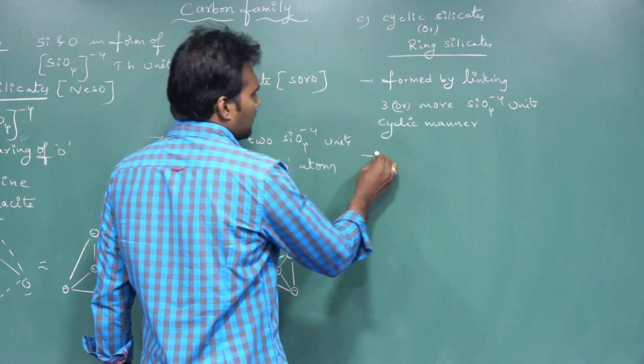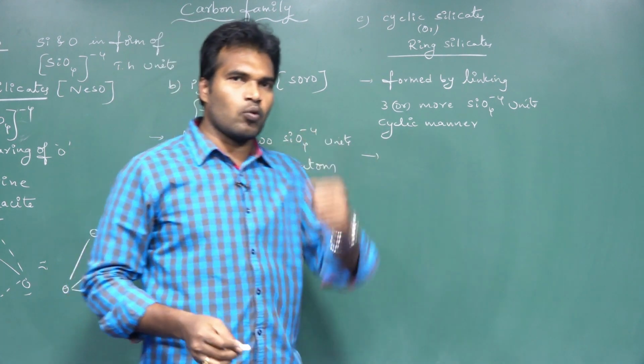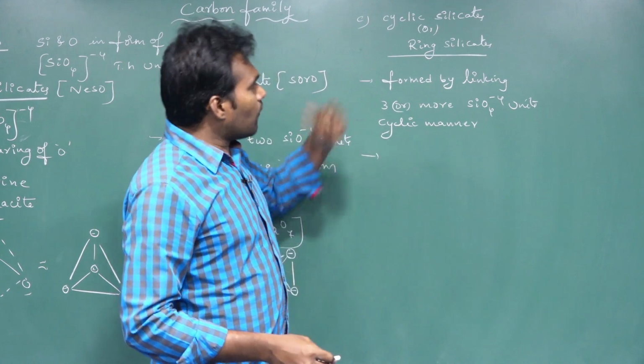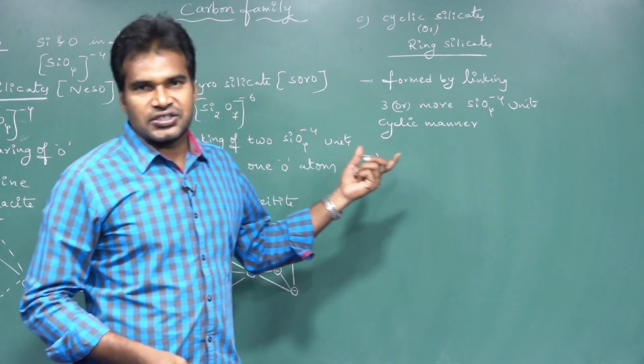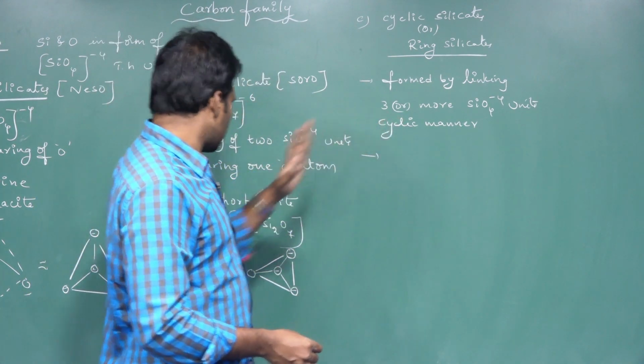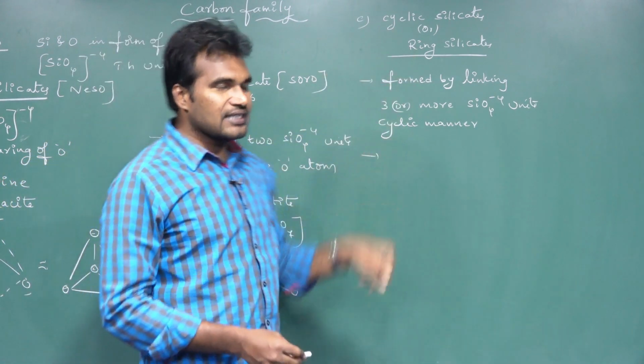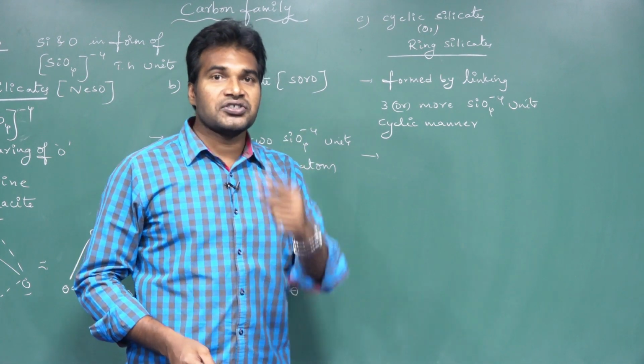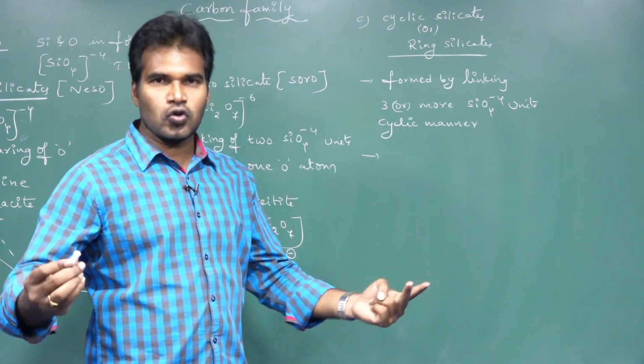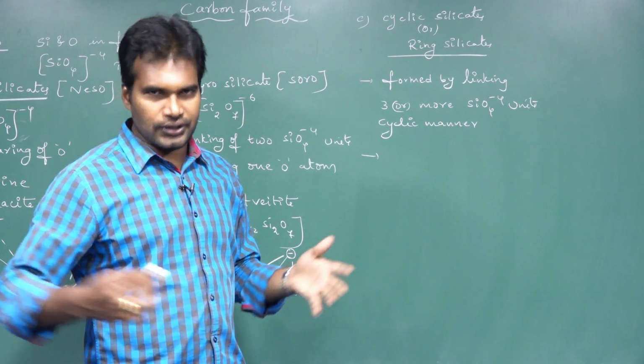Now, they form by linking 3 or more than 3. Then how many oxygens are shared by each tetrahedral unit? In pyrosilicates only one oxygen atom is shared, but in cyclic silicates each tetrahedral unit shares 2 oxygen atoms at 2 corners with different units.